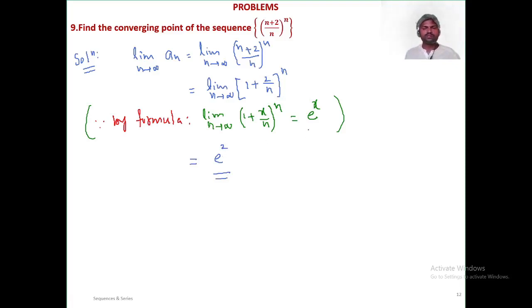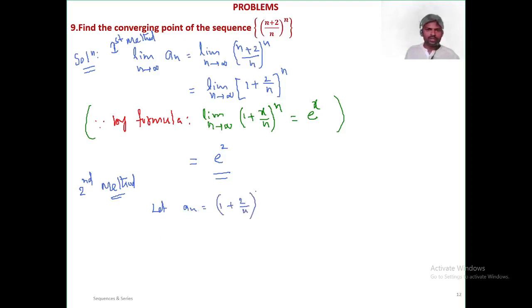So without using this formula, how to find it? Second method, you take it as an exercise, I will give the hint. This is the second method, and this is the first method. How to find the limit by using the second method? So first you take, let an is 1 plus 2 by n whole to the power of n.